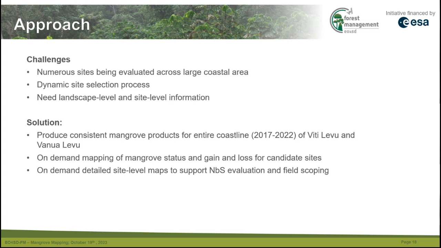So our solution was to produce a consistent mangrove product for the entire coastline of these two main islands for 2017, every year from 2017 to 2022, so that we could produce on-demand mapping of mangrove status and gain for candidate landscapes, and then when necessary, do the detailed site level mapping.